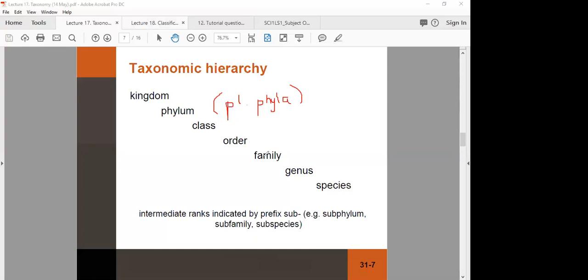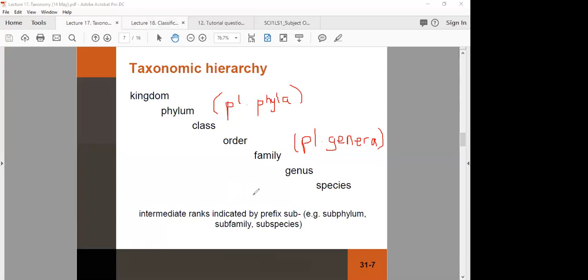Class, order, family, genus. This is an important one. So genus is singular. Plural is genera. So one genus, two or more genera. There we go. And then species is an odd one.